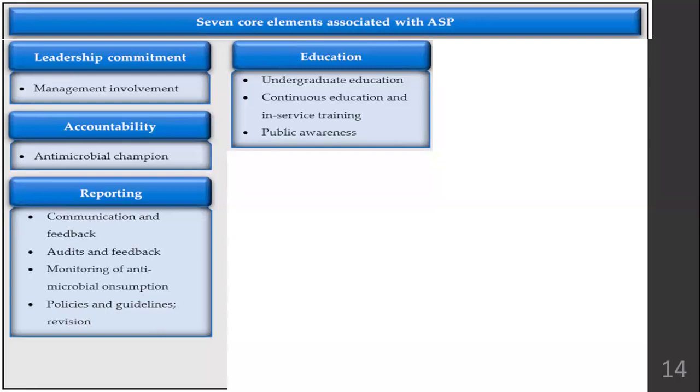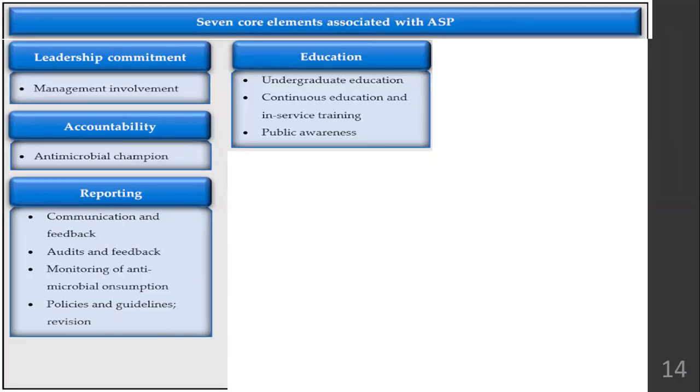This has to be included in each syllabus, not just undergraduate but postgraduate as well, and also in CMEs and CNEs, continuous education, even when you start working. In-service training, and public awareness in all these areas.